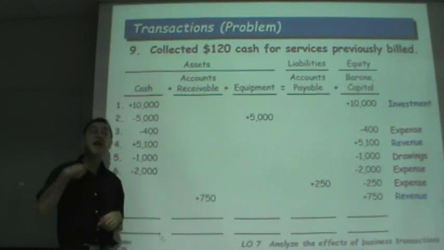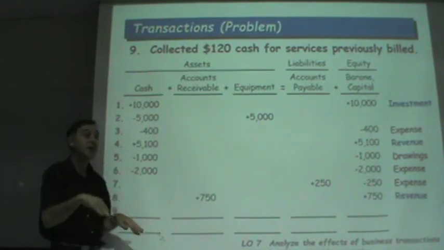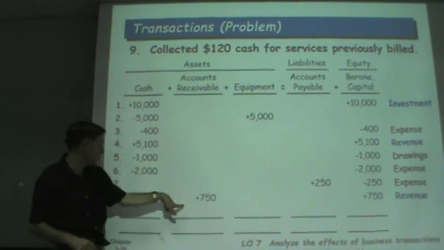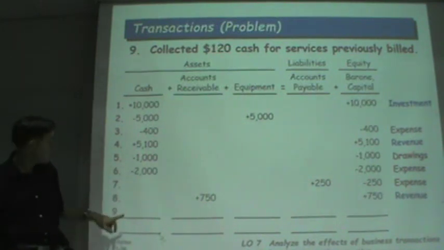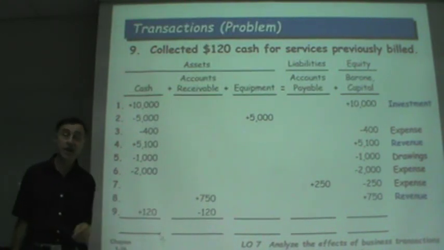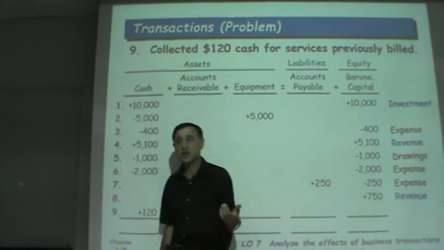Means they owe you before and now they owe less. Okay? So cash going up, account receivable going down. Should be like that. Cash up 120, minus 120. Okay? And it is collection of cash receiving.